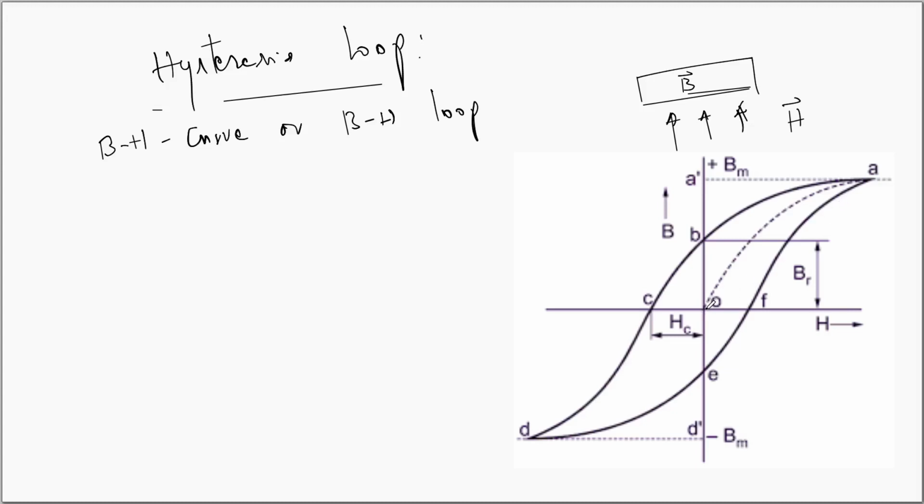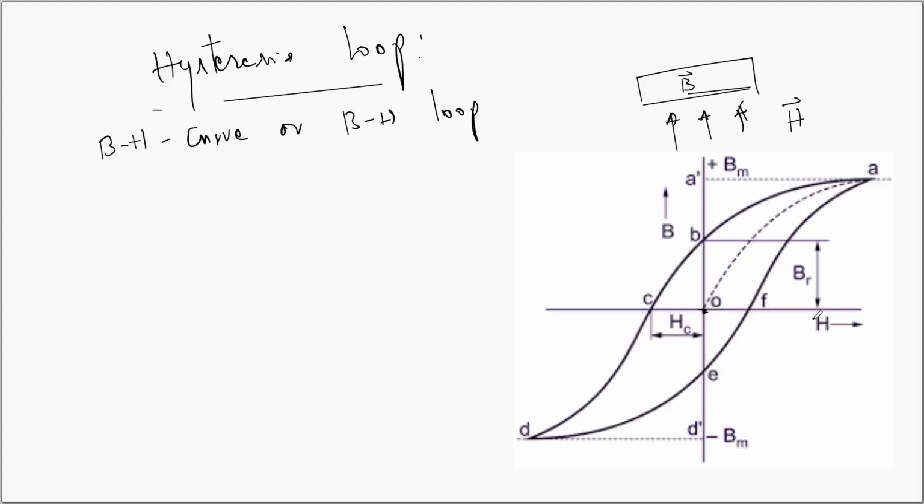So if you take an unmagnetized ferromagnetic material and place it in an external magnetic field, then the magnetic field induction B in the ferromagnetic material increases slowly. It starts from 0. This 0 corresponds to no magnetic field induction within the ferromagnetic material, since it is an unmagnetized ferromagnetic material.